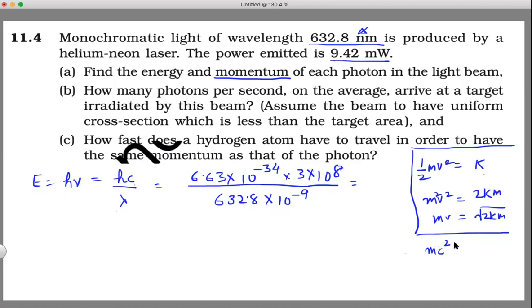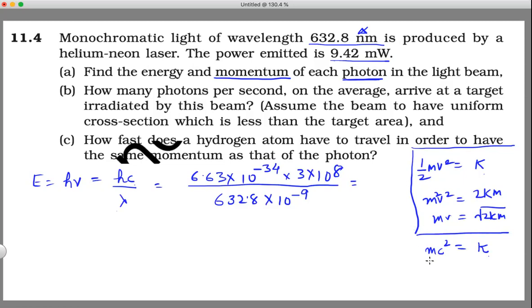So this is actually the K in case of photon, because we have to find the energy and momentum of the photon. So mc square is the energy. To find the momentum, we would multiply by m on both sides, but there is no m of the photon.